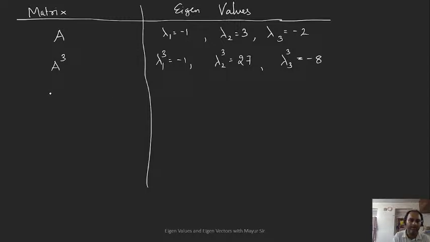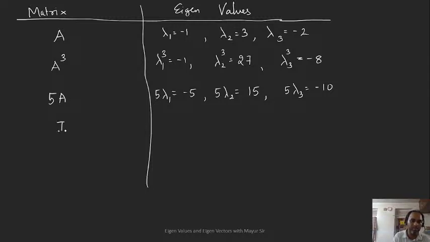For 5A you will have 5 times lambda 1, which is -5, then 5 times lambda 2, which is 15, then 5 times lambda 3, which is going to be -10. These are the eigenvalues for 5A.